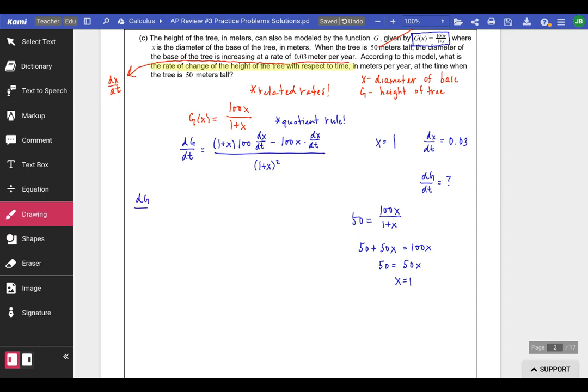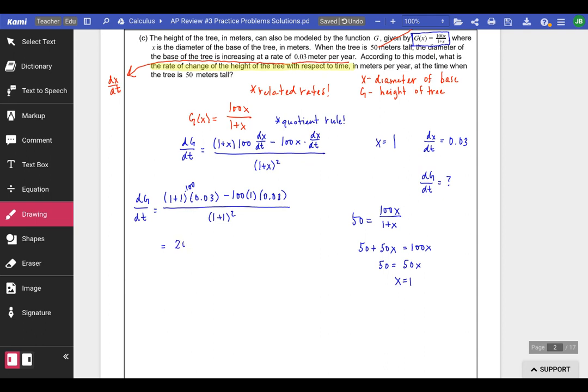So I've got dg/dt, that's my unknown, equals 1 plus 1 times our 0.03 minus 100 times 1 times 0.03, all over 1 plus 1 quantity squared. So now I've got, oops, I missed something here. It should have been 1 plus 1 times 100 times 0.03.